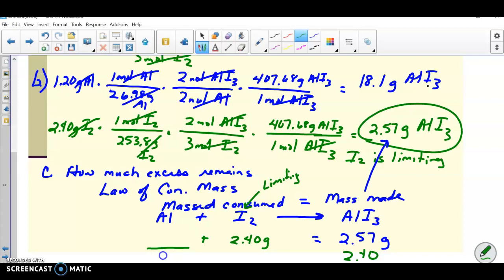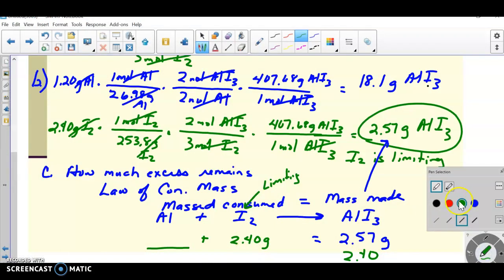This is how much would have been used or consumed. So in other words, how much aluminum did I have available? I don't know, for some reason my board doesn't want to write. I had 1.2 grams available.